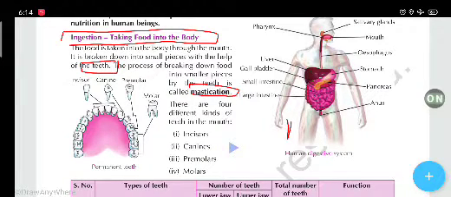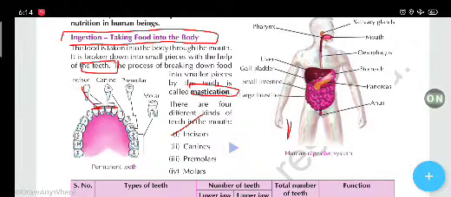And there are different kinds of teeth in our mouths, and they perform different functions. If we discuss the incisors, students, what are the incisors? Incisors are these front teeth, which are used for cutting.